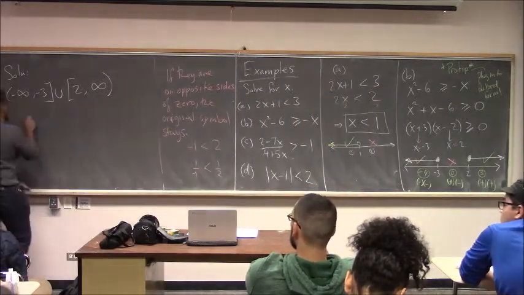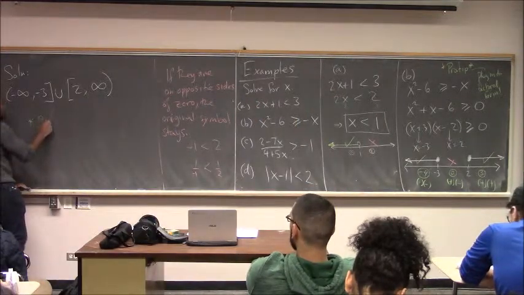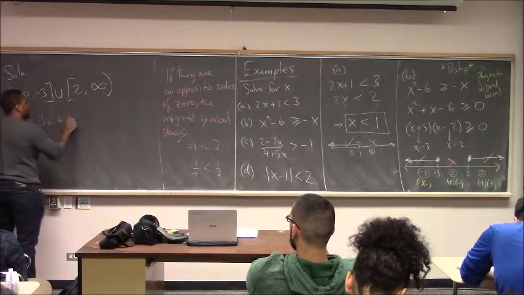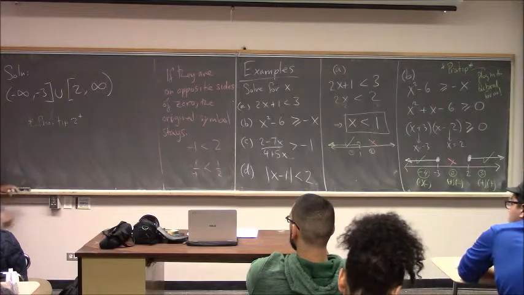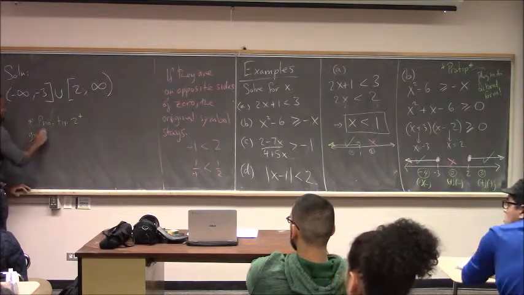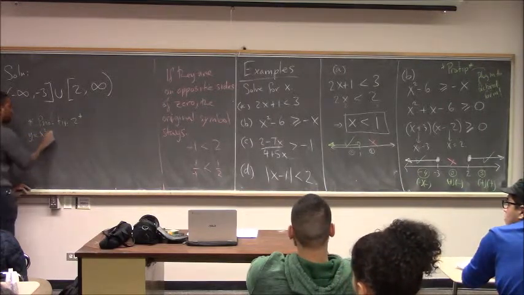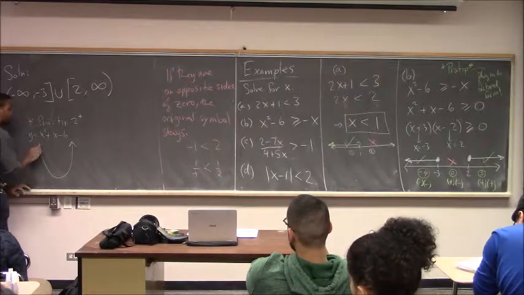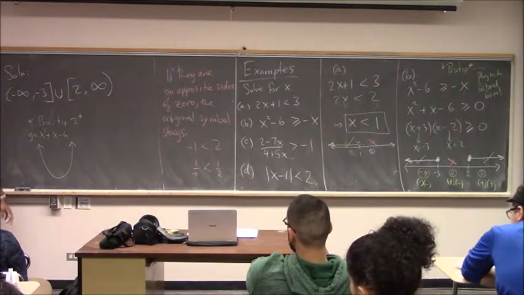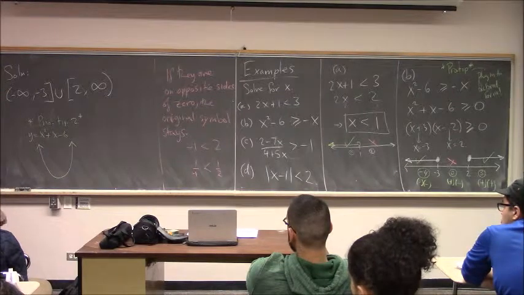And this was something that I also mentioned. This is another pro tip. First of all, you could recognize that y equals x squared plus x minus 6 is a parabola. Now, if you know what the graph of a parabola looks like, it should be obvious to you where the positive sides would be.